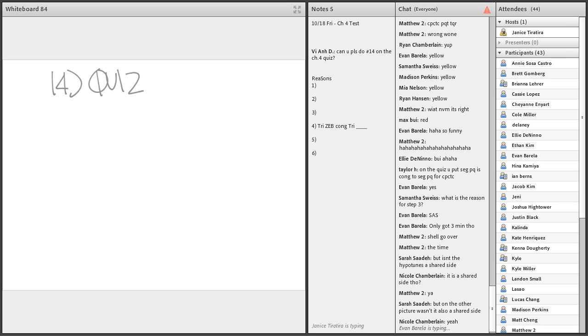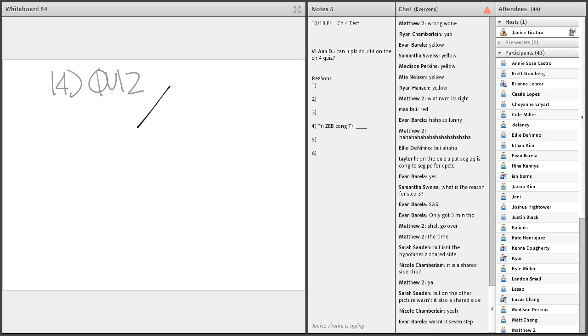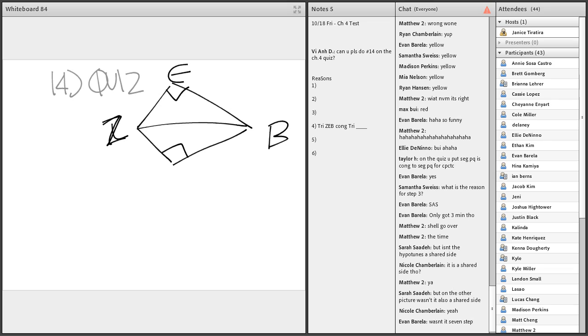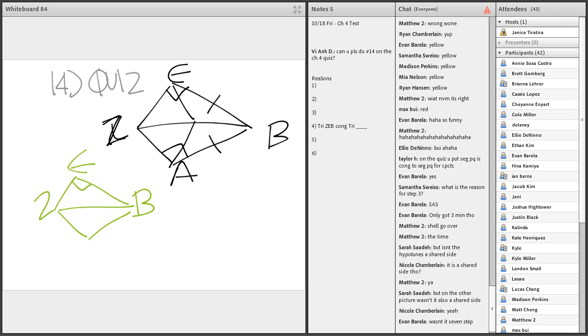So step 1, you look at your picture, and when it's overlapping, when it's a 6-stepper like this, you should redraw the picture for step 3. That matches step 3. So tick mark, tick mark. Because step 4 has triangle ZEB, you want to redraw that because it's hard to label it. So ZEB and ZAB.